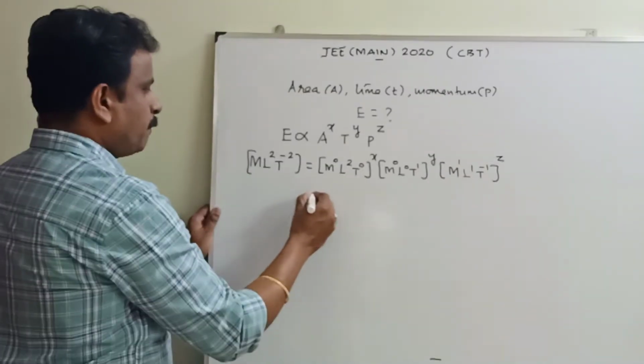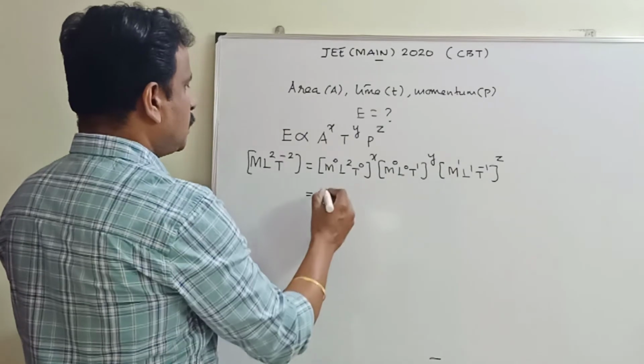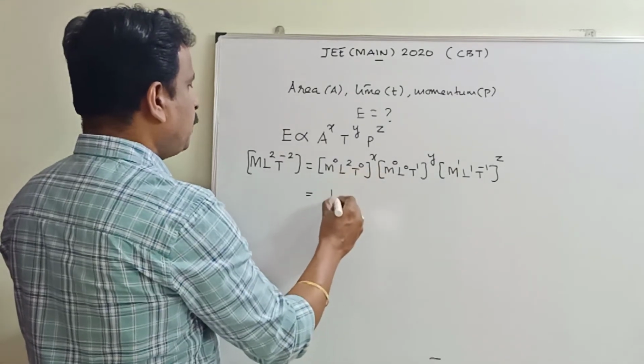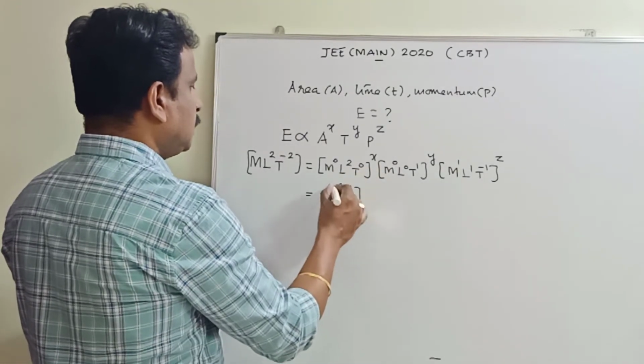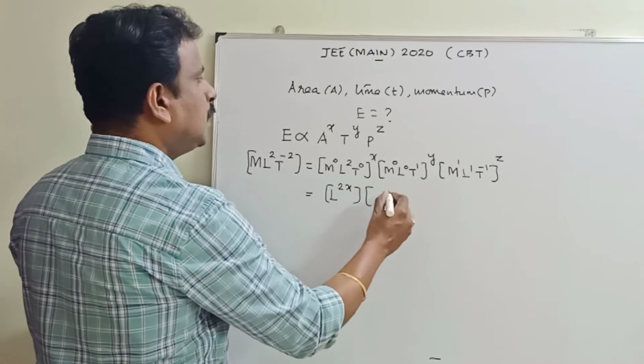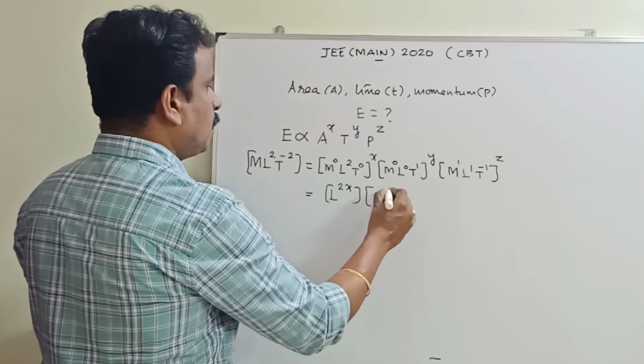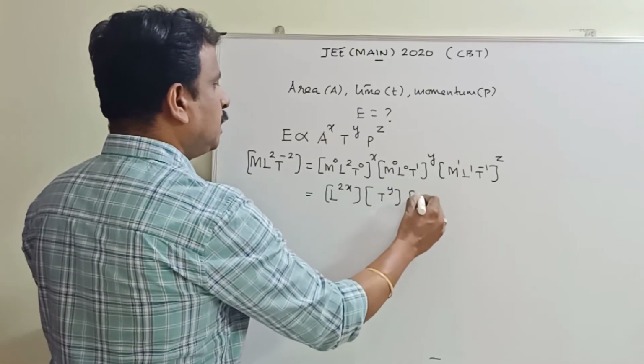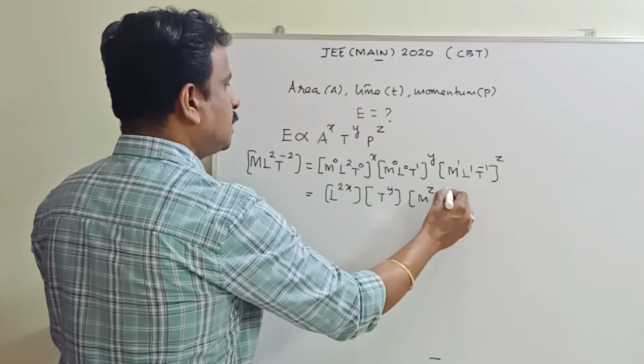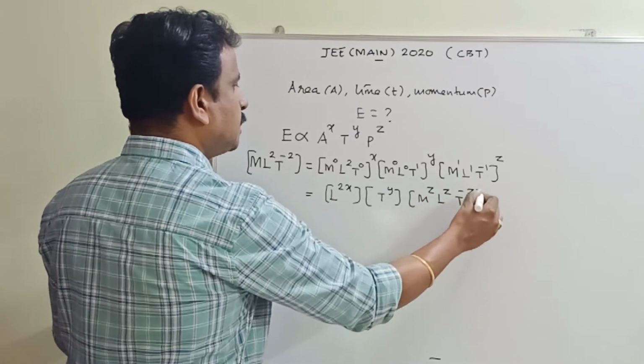Now inside multiplication, you will get L power 2x, here you have time power y, and here you have M power z, L power z and T power minus z. Am I right?